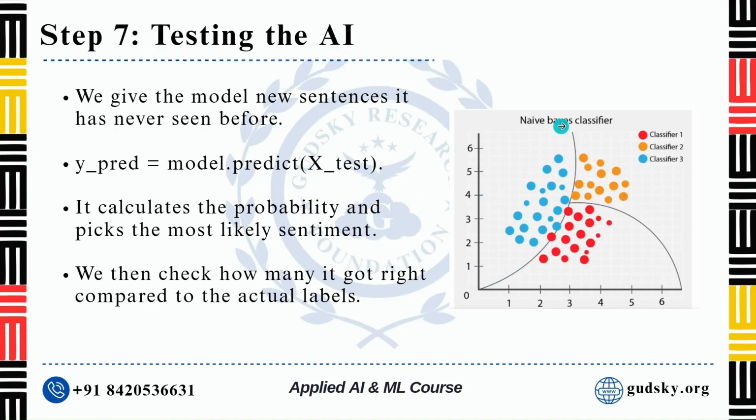This is the Naive Bayes classifier. This here is an example graph. Here you see there are three different classes, and Naive Bayes simply separates them all. Let's take an example with our coding section, the sentiment section.